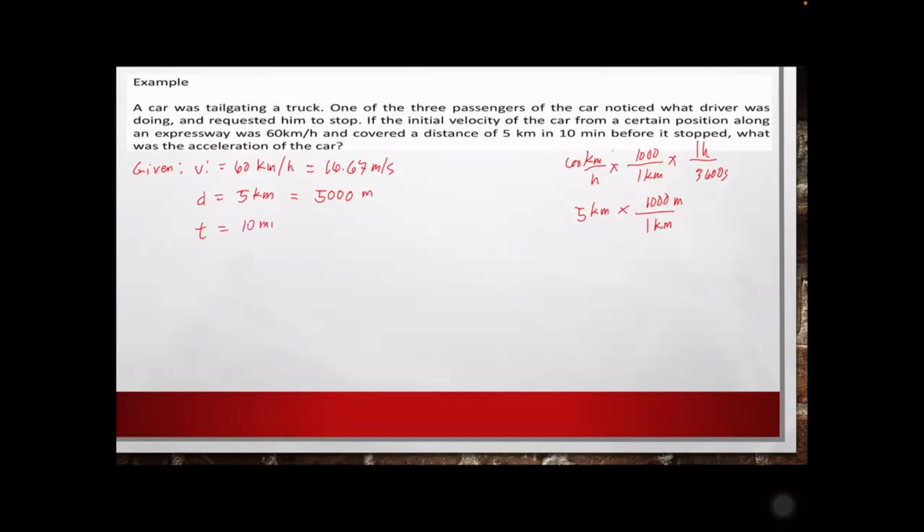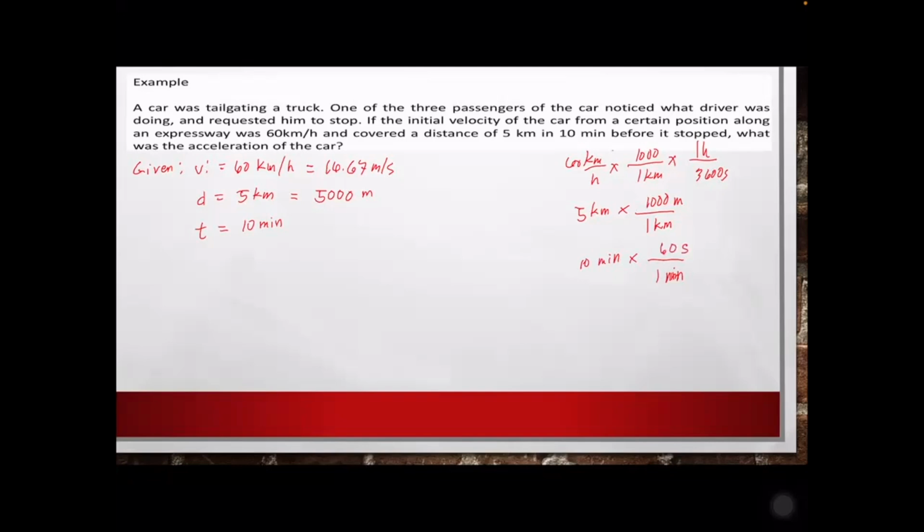10 minutes siya. Pero, do we need to convert? Yes, we need to convert kasi ang kailangan natin ay seconds. So, magkakaroon tayo dito ng 10 minutes times 1 minute over 60 seconds.